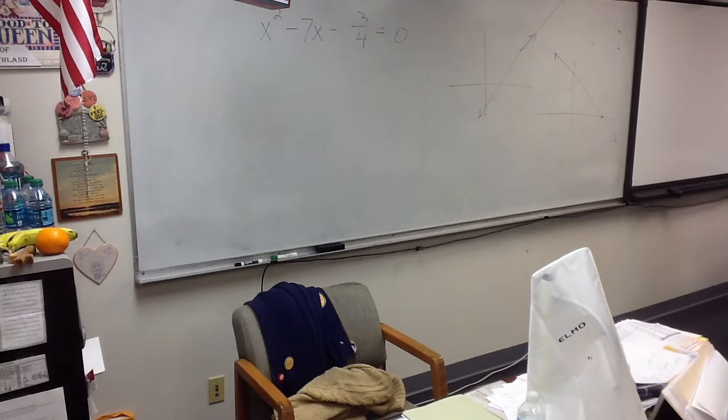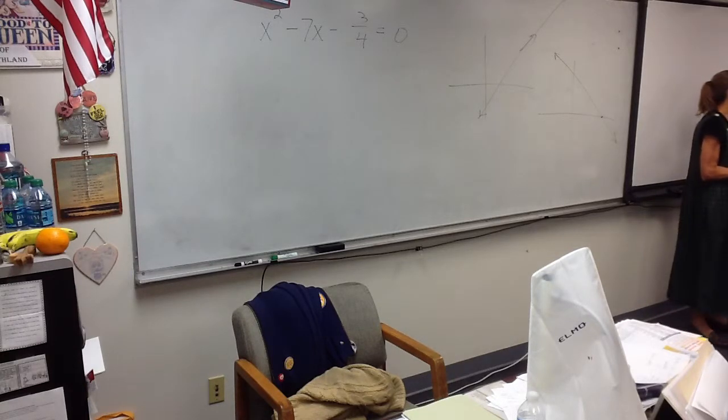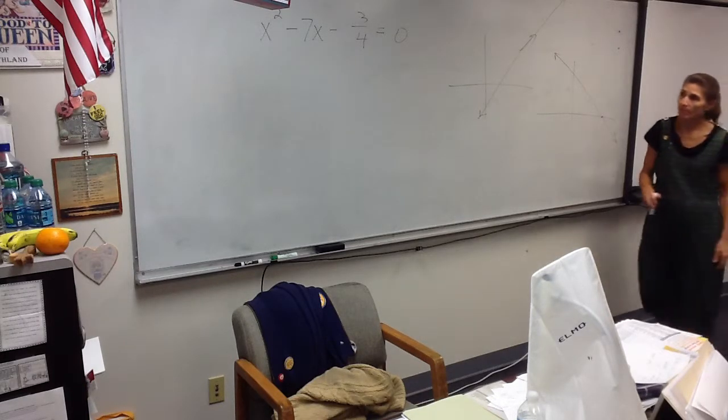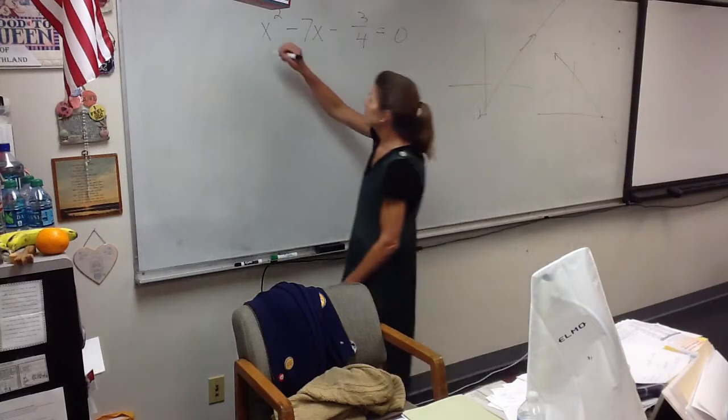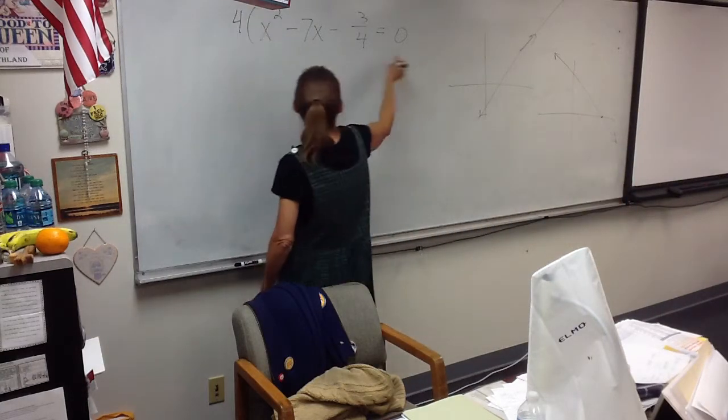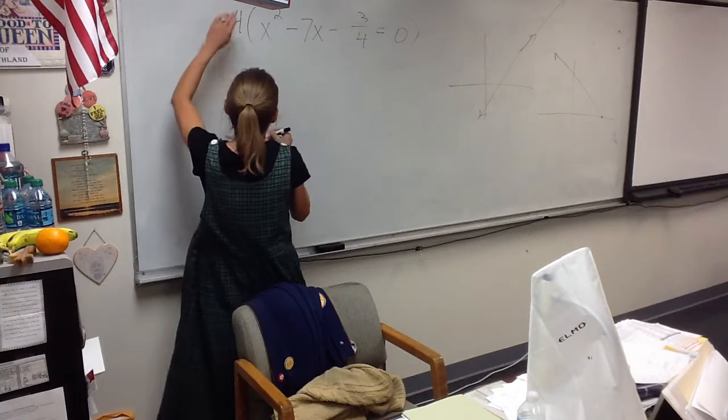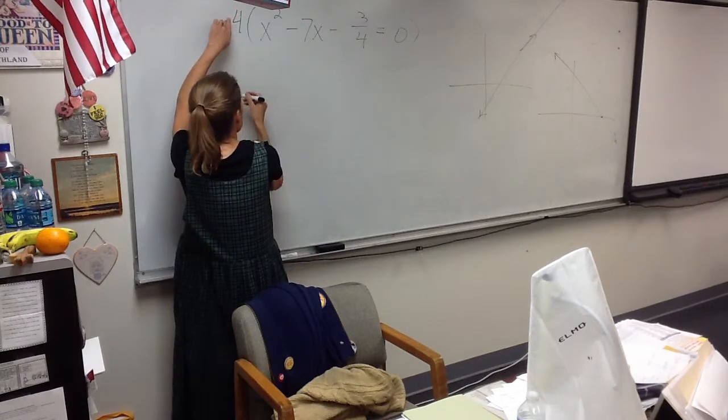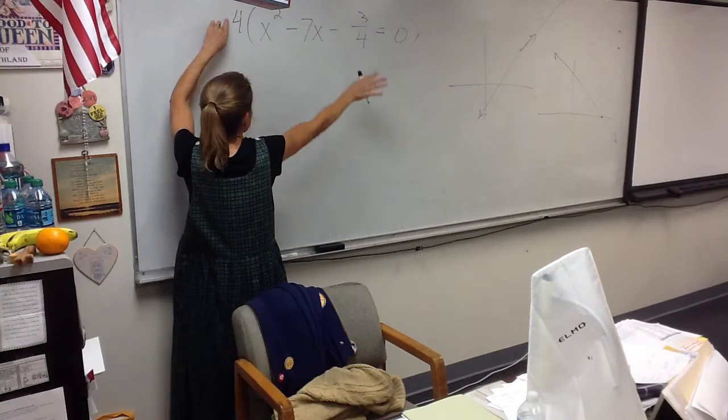Yes, but I don't want to. So, I sound like a spoiled rotten brat. I don't want to. So what am I going to do, Veronica, to get rid of that fraction? I'm going to multiply everything by 4. So when I do that, I'm multiplying everything by 4.